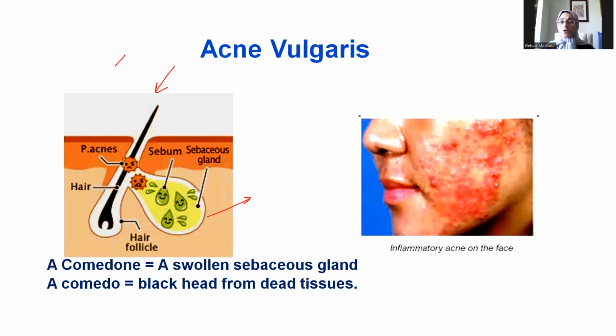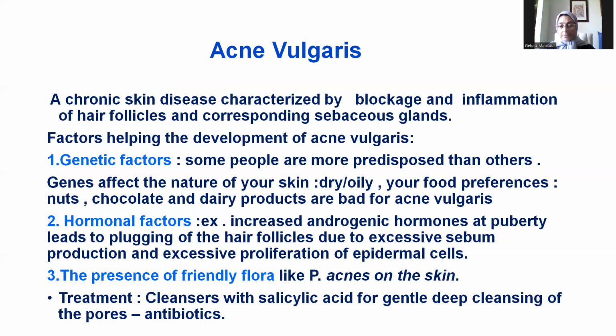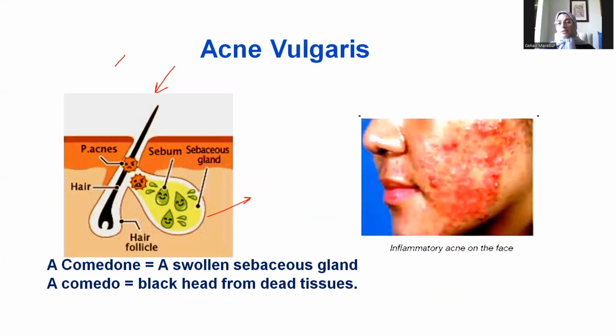So we have the cardinal signs of inflammation. So again, acne vulgaris is an inflammatory disease because it is associated with the signs of inflammation, which are swelling, redness, tenderness, and warmth.